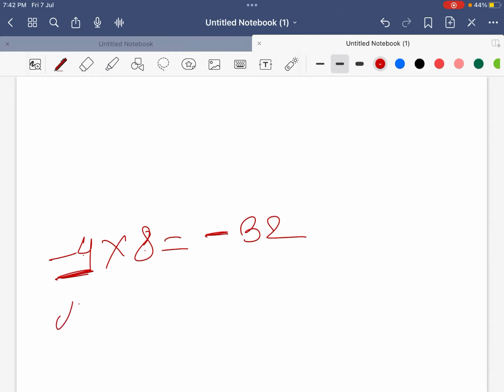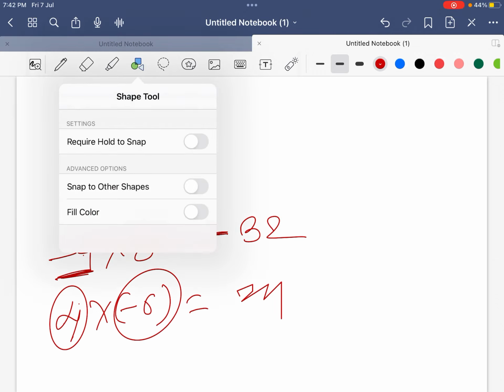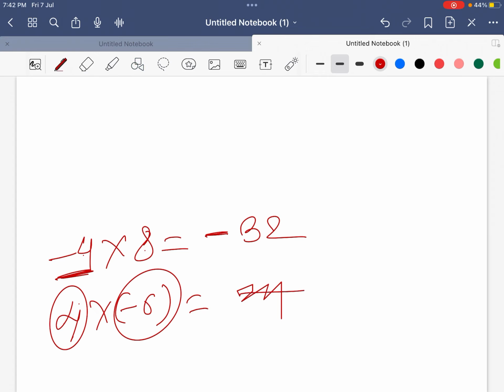Suppose 4 multiplied by minus 6. So here this is a minus sign, and this 4 carries a plus, so 6 4s are 24, and because of this minus sign your answer is minus 24.